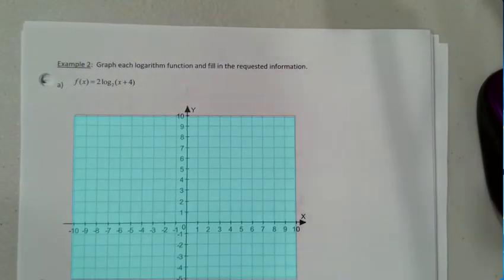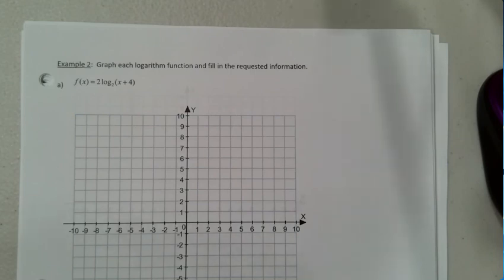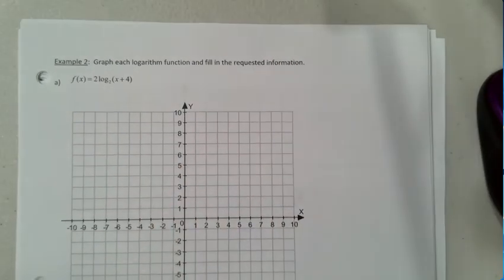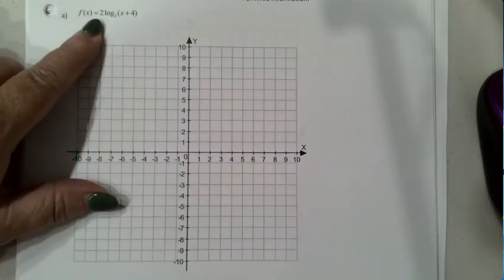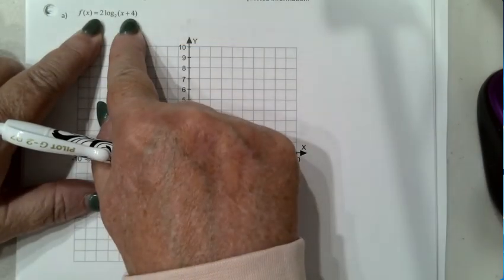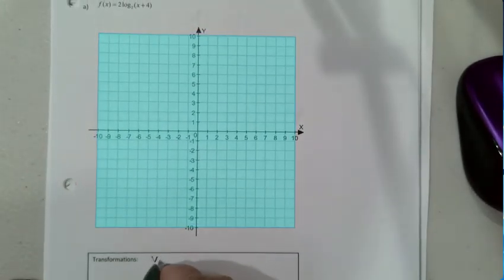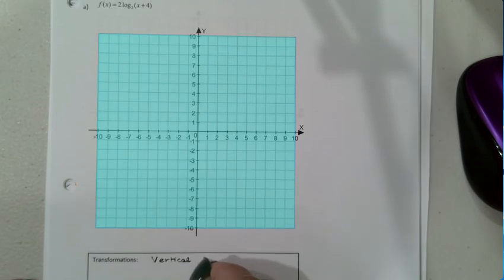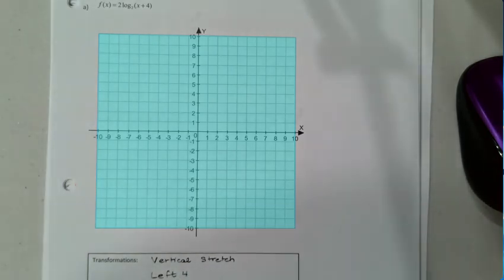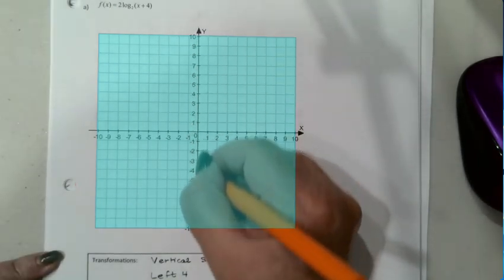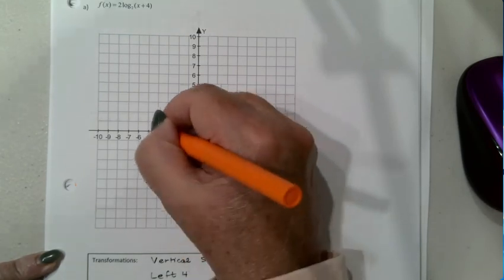All right, so I want the log base 2 of x plus 4. And I'm going to say as far as the transformations, we would have a vertical stretch, and we'd be going left 4. All right, I'd like to graph this right away, and then we'll talk about the rest of it. Since I'm going left 4, I'm going to say my vertical asymptote, which was on the y-axis, moves left 4.